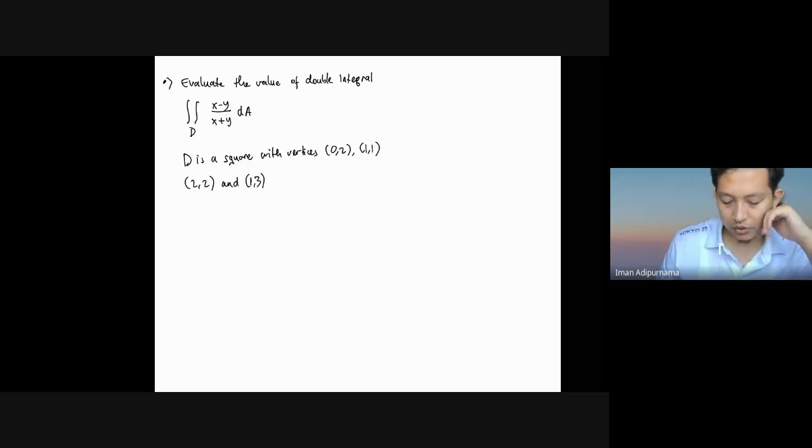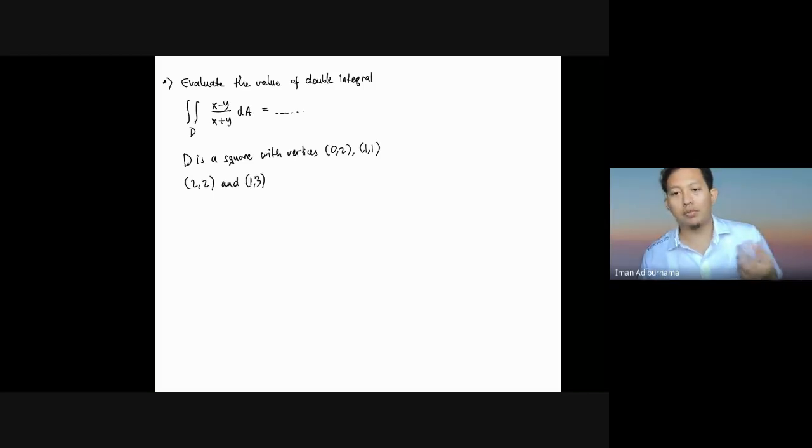So the question is asking what is the value of the double integral? Okay, so you can start to work if you want. Try to find the answer.